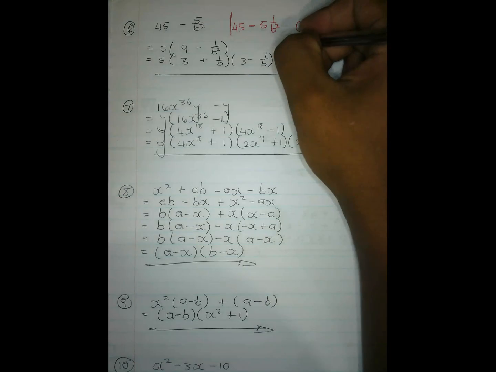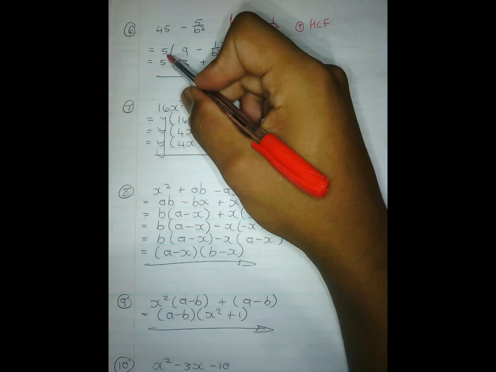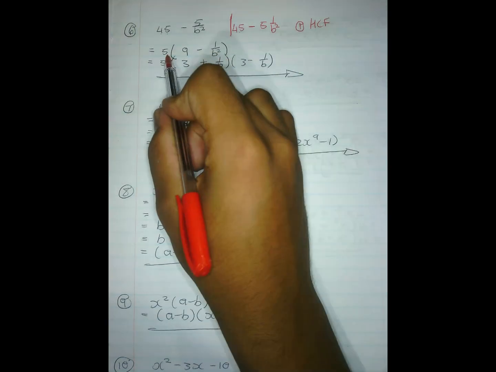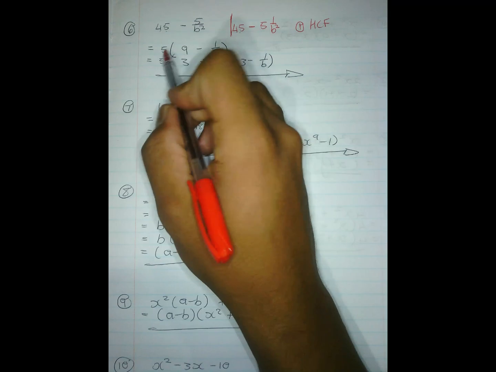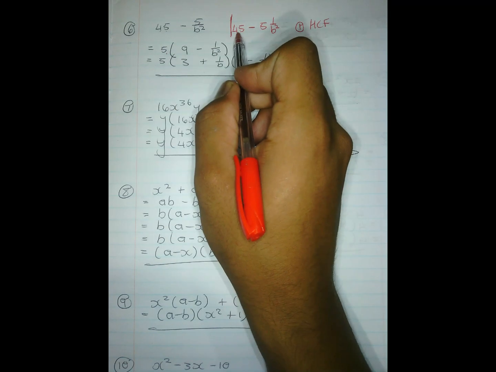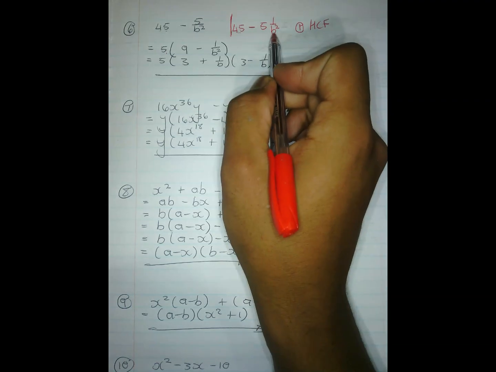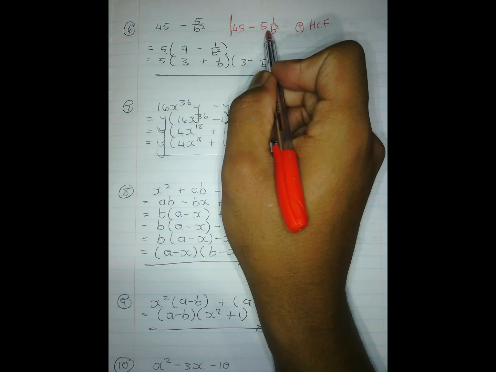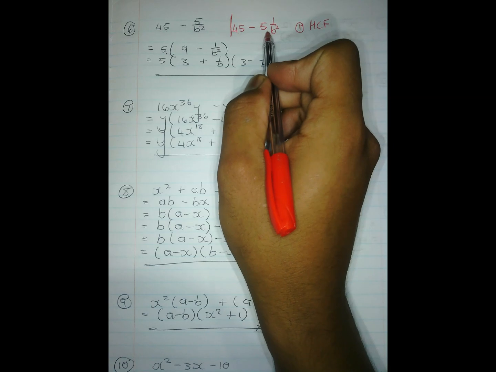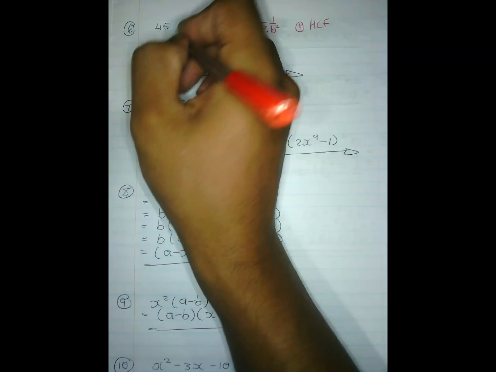So when I factorize that, you took a highest common factor of 5. What's left over here is a 9, because 5 times 9 gives me 45. And then taking out the 5 here, I'm left with 1 over b squared, because 5 times minus 1 over b squared gives me minus 5 over b squared. And then only now will this become a difference of two squares.